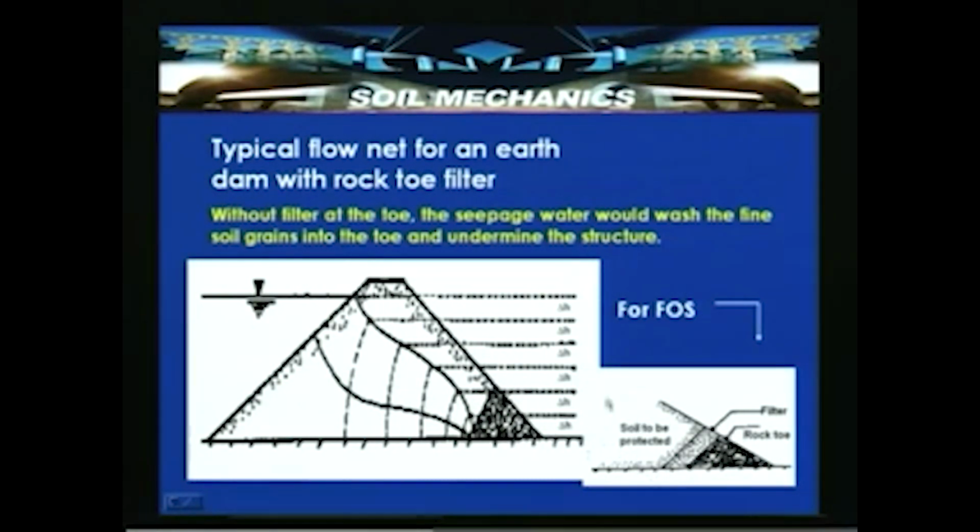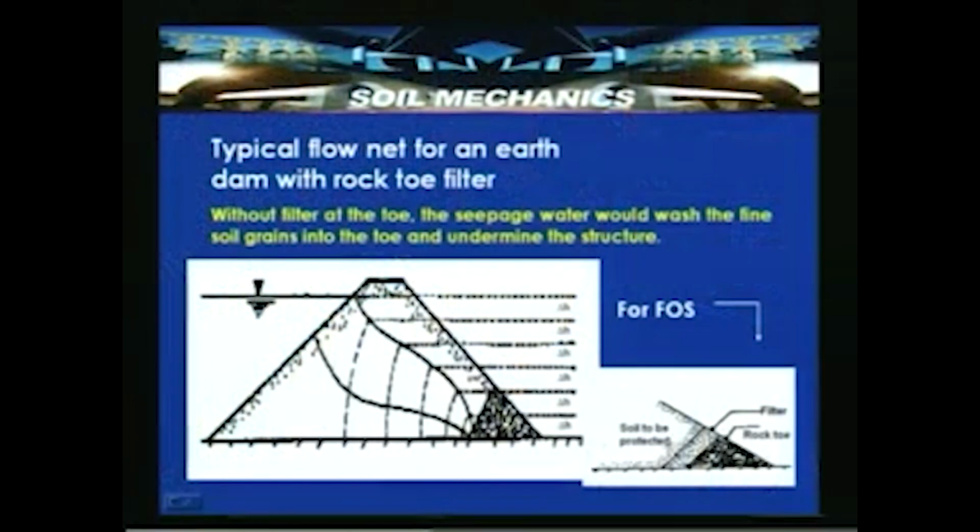Here in this slide, a rock toe is shown, and this particular zone is constructed with a highly permeable material, which has to be selected by criteria so that the soil to be protected does not undermine the performance of the structure.